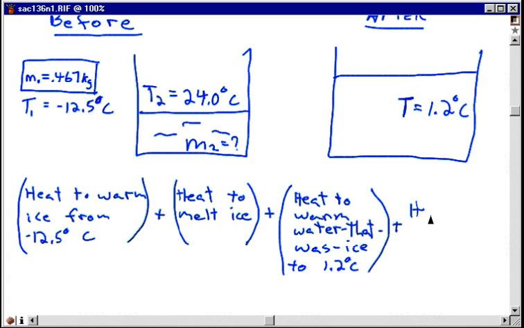plus the heat that has to flow into the bucket of water. And of course, it'll be a negative amount because heat actually flows out because this stuff cools down. So heat to cool the sample that was always water. I think I'll just call it always liquid.